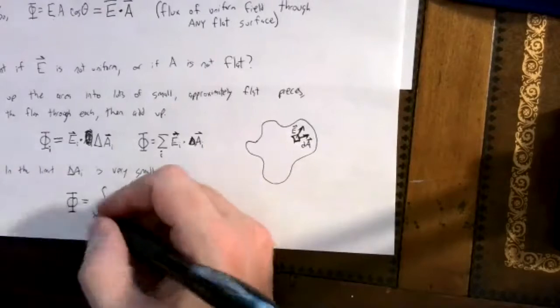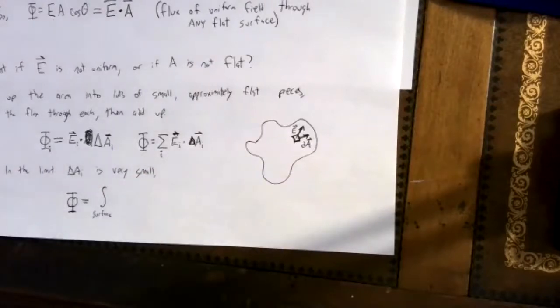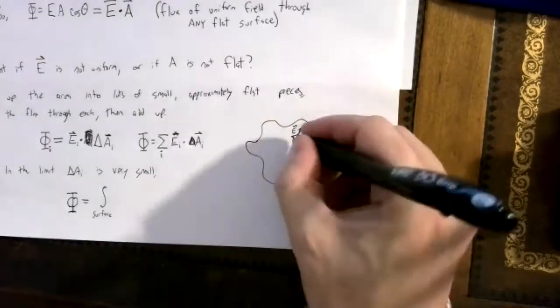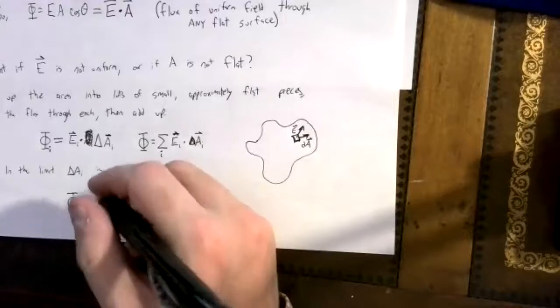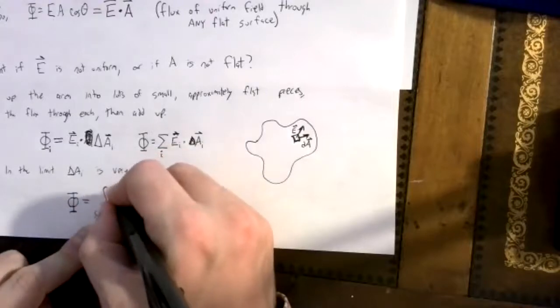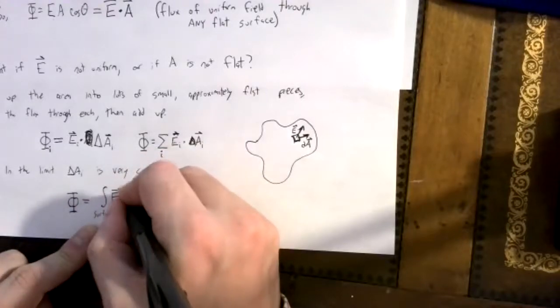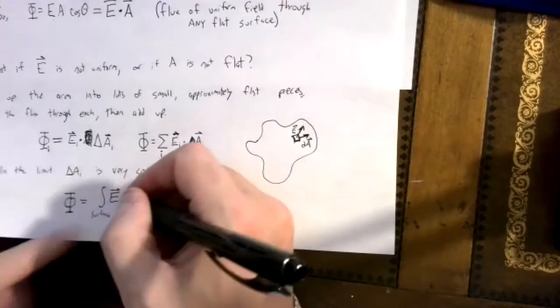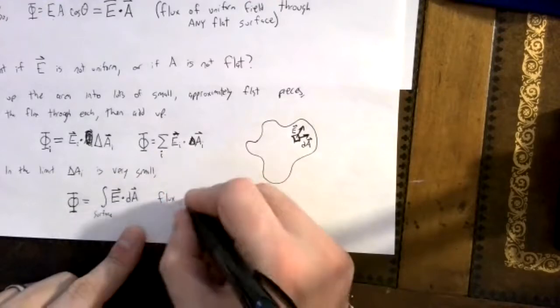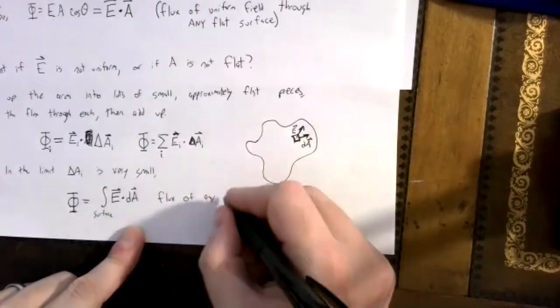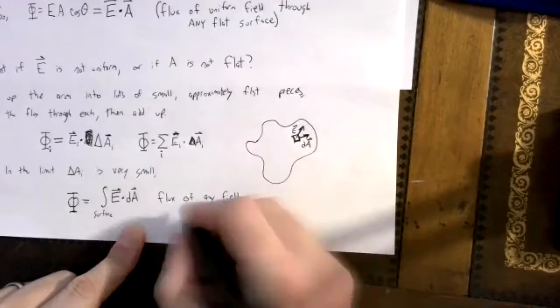And we'll get into actually doing surface integrals. There's very limited what you have to do as far as surface integrals on the AP test in this class, but you should know they exist. So we're basically adding up all these little pieces dA, infinitesimally small, over the surface of the electric field dot dA. And this gives us the flux of any field through any surface.